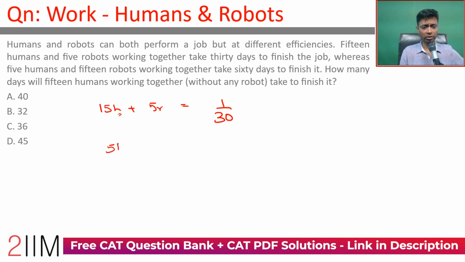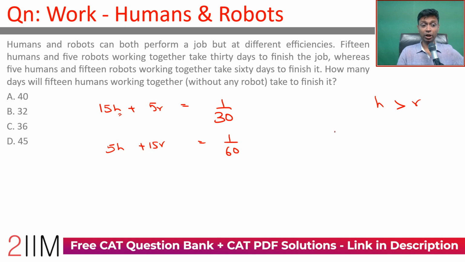Whereas 5 humans and 15 robots working together will take 60 days to finish it. You have more robots and fewer humans, the exact same overall number, you take longer to finish it. So human better than robo. Score 1 for Homo sapiens.